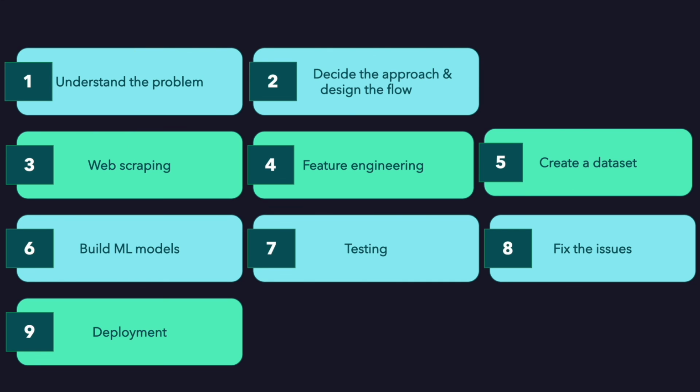Then we defined content-based, HTML-based features and extracted the features from the content. After that, we collected data and created a structured and labeled dataset. After obtaining the dataset and features, we built supervised learning-based machine learning models using scikit-learn packages.